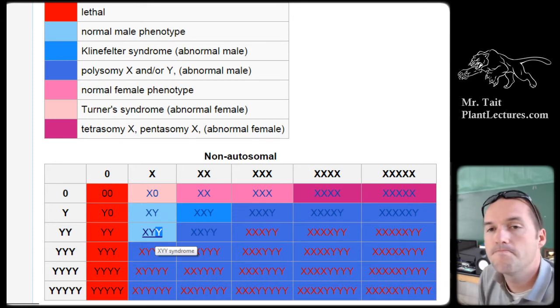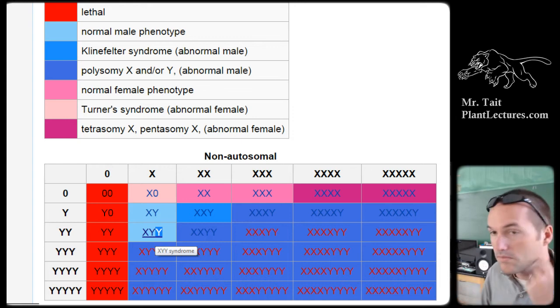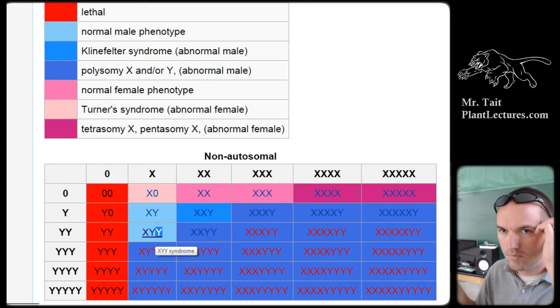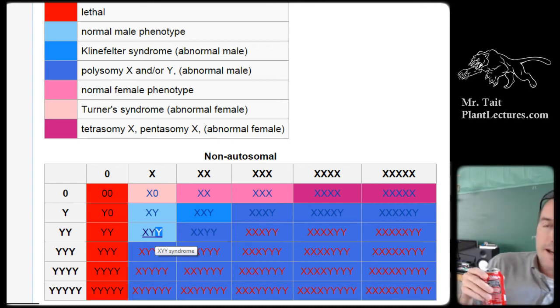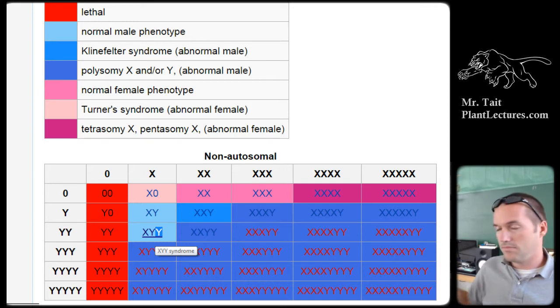Okay. So according to non-disjunction, the difference between polyploidy and aneuploidy is that polyploidy occurs when non-disjunction occurs in all the chromosomes. Imagine you were talking about a human cell.